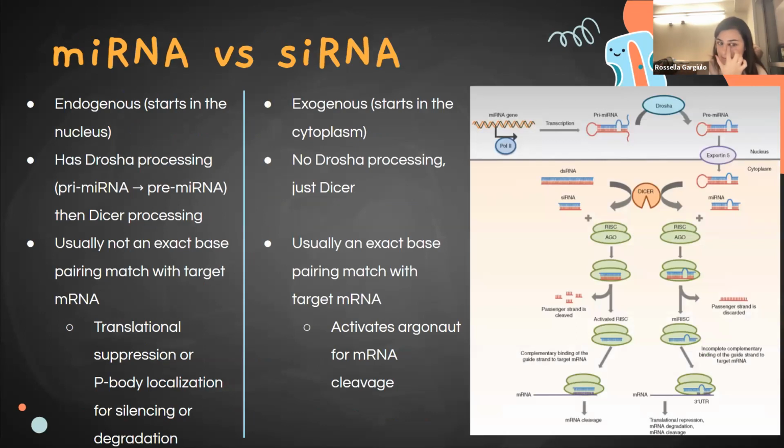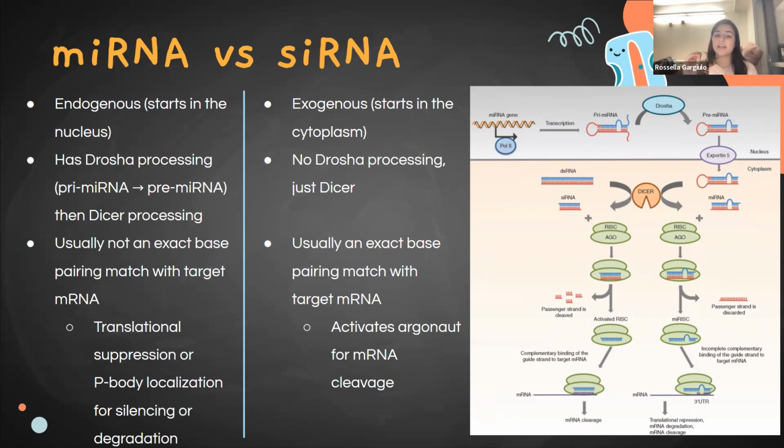Does that make sense? So this is just handy dandy comparing and contrasting miRNA and siRNA. miRNA is endogenous while siRNA is exogenous. Basically everything is the same except that siRNA doesn't have that whole process in the nucleus.